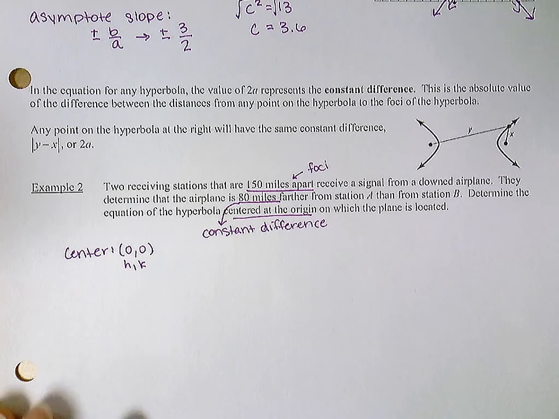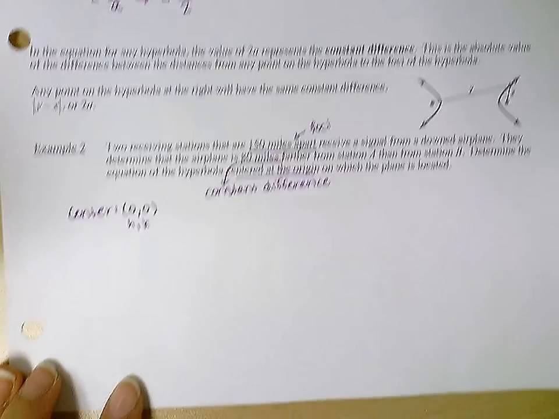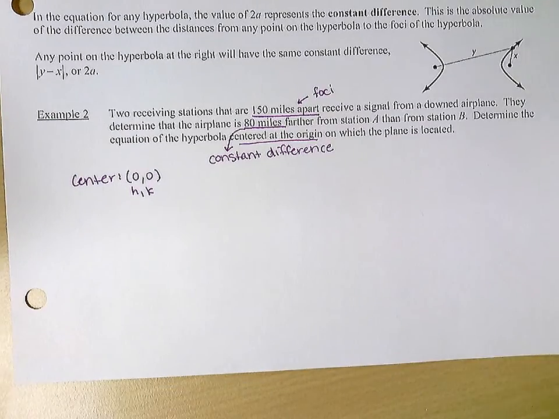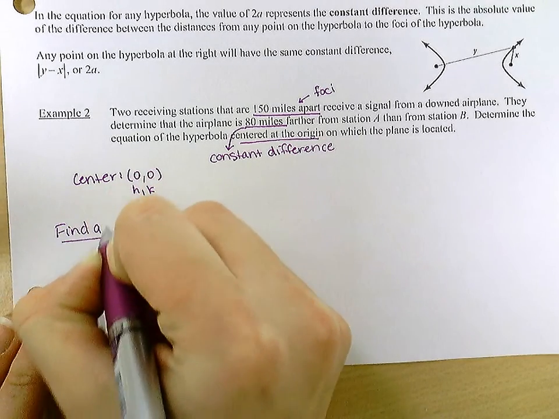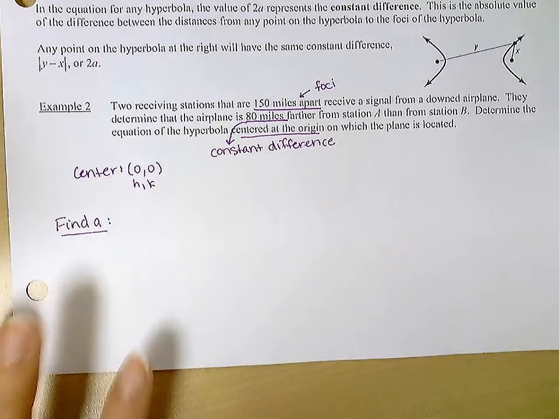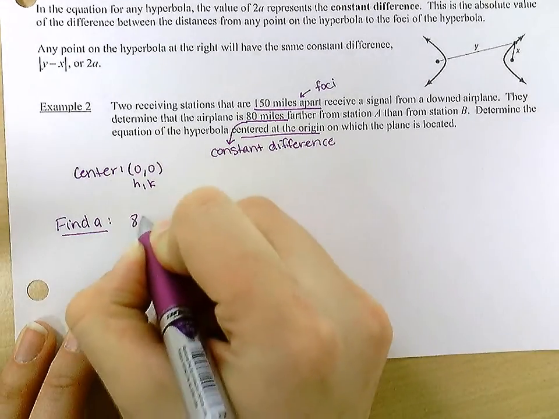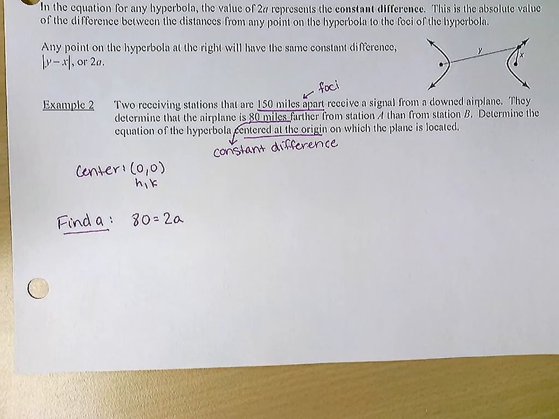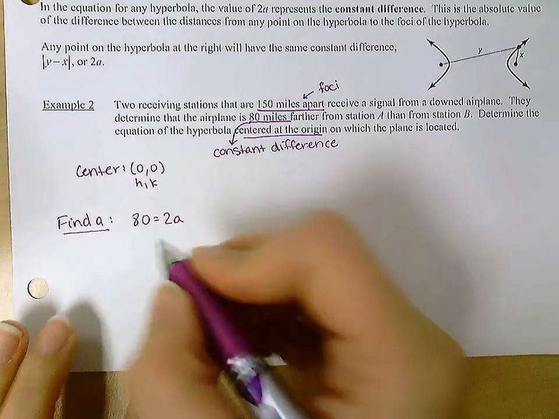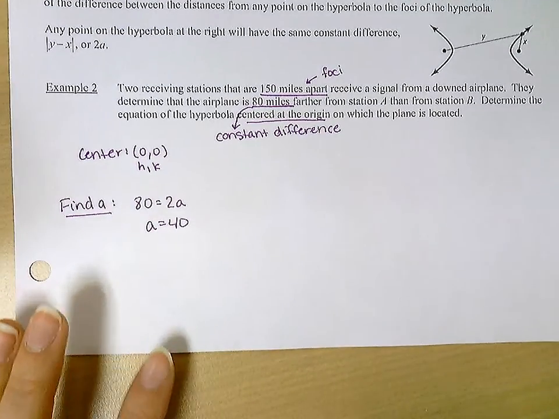Then finding a, we were given that constant difference, and that constant difference is 2a. So we set 80 equal to 2a, because it is our constant difference, and we can just divide by 2 to get a is 40.